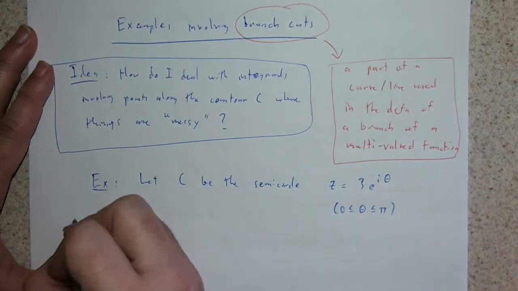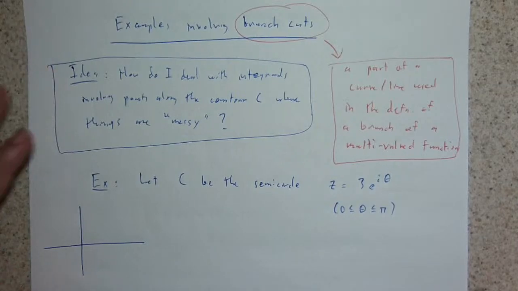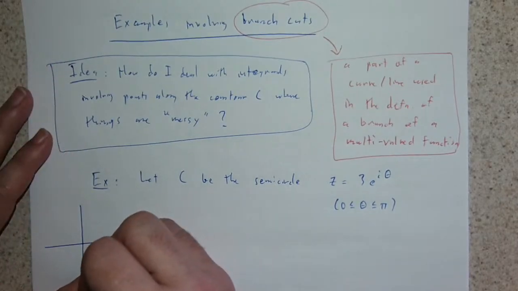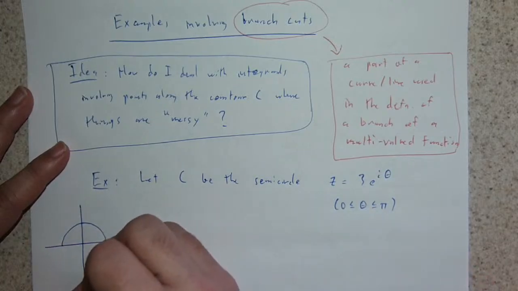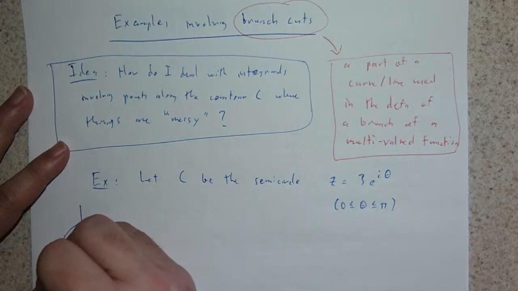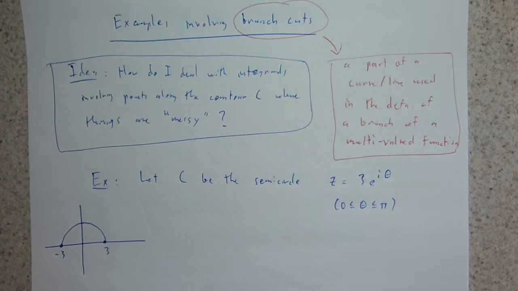So what does this look like in the plane real quick? In the plane, this looks like the semicircle that goes from 3 to minus 3. All right, so here's my C.